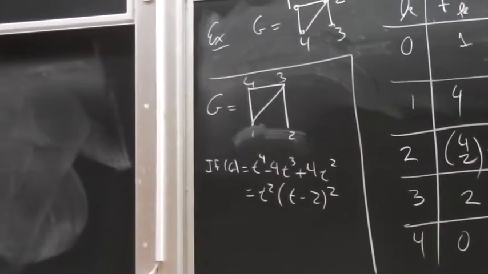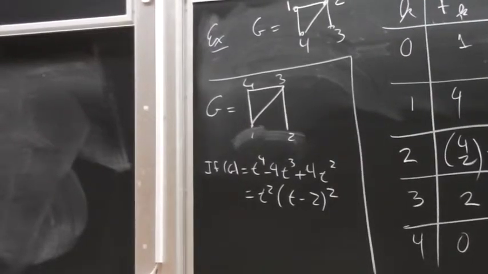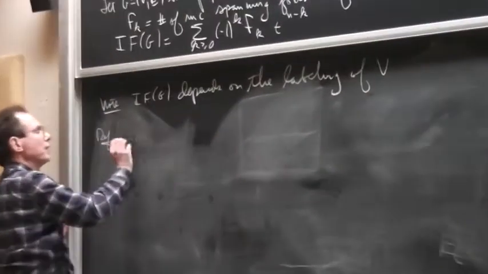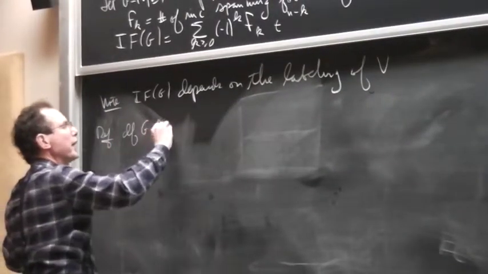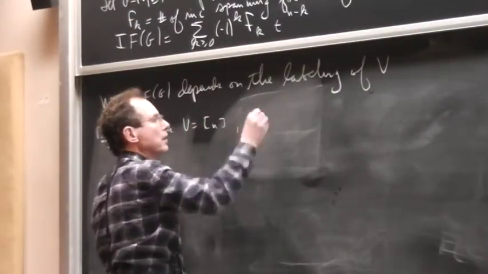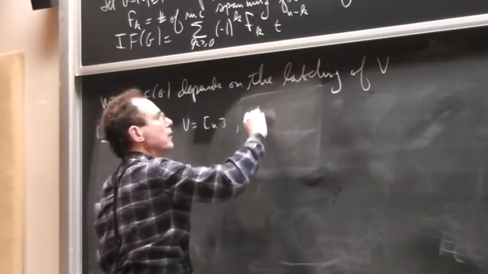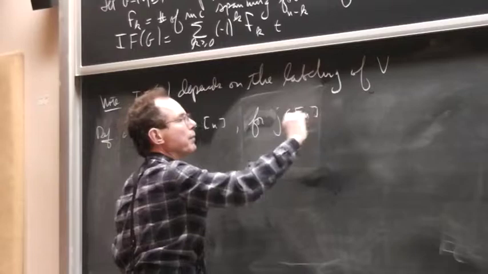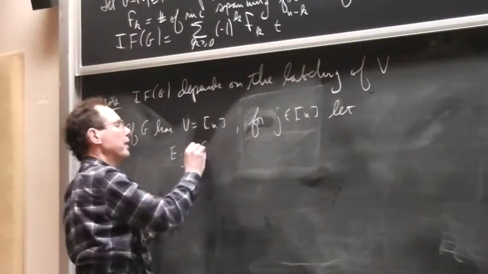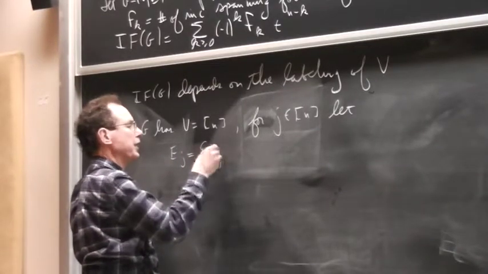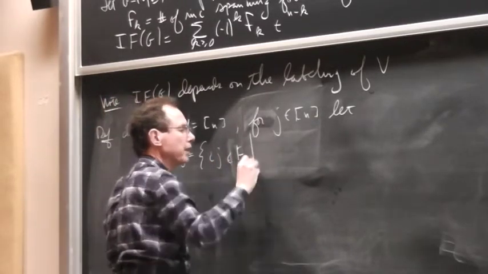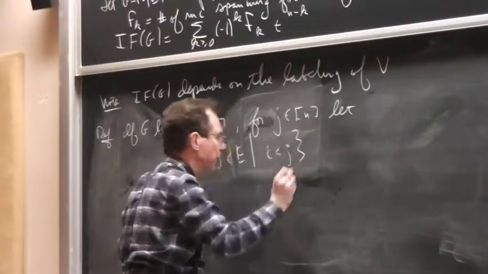So the question is, what's going on here? Here's what's going on. One last definition before we state our first main theorem. G has as its vertices 1 through n. Then for j in [n], we let E sub j be the set of all edges ij in my edge set where i is smaller than j.